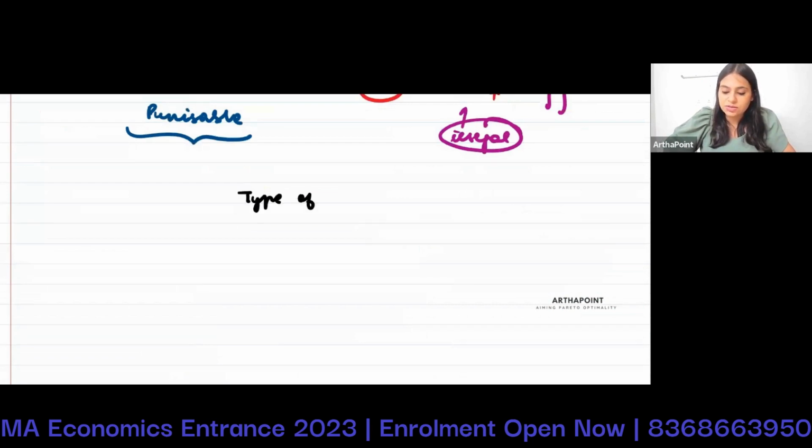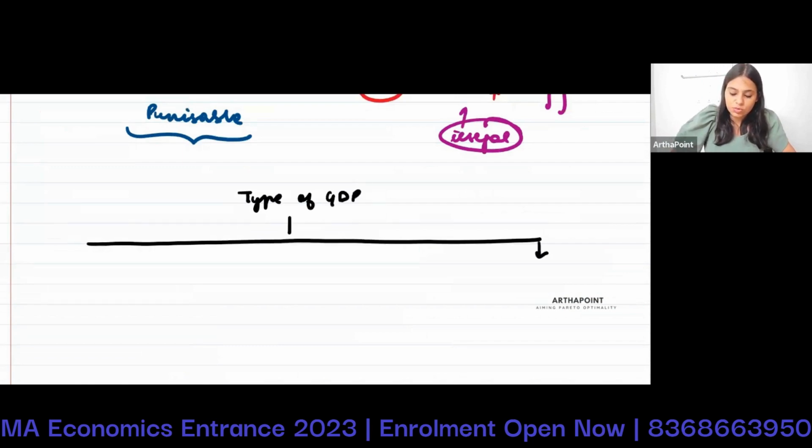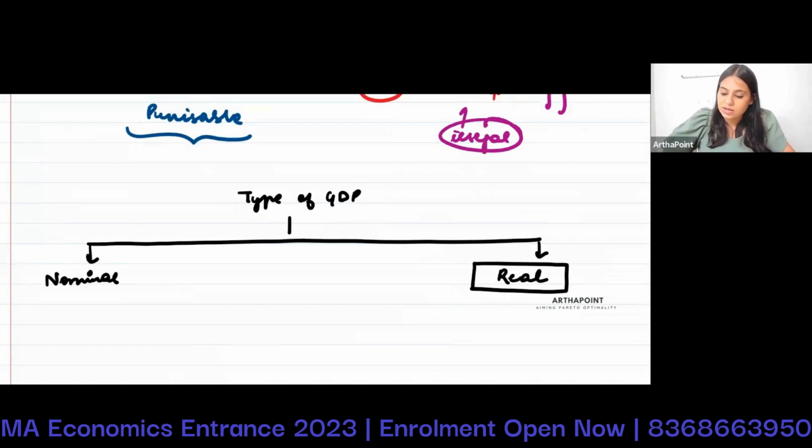Types of GDP. I've already discussed this, but just note this down. There are two. One is nominal, one is real. Real is at a constant price. So it's like PX QX plus PY QY, but the price is at the base year.